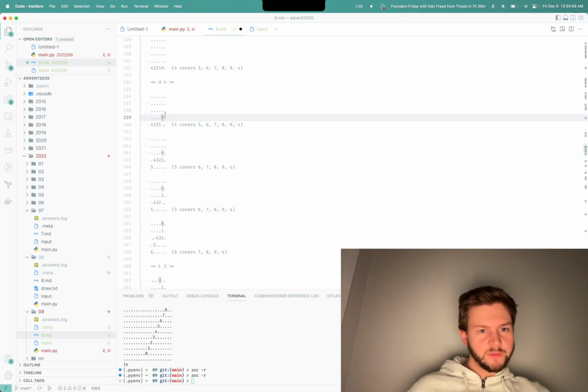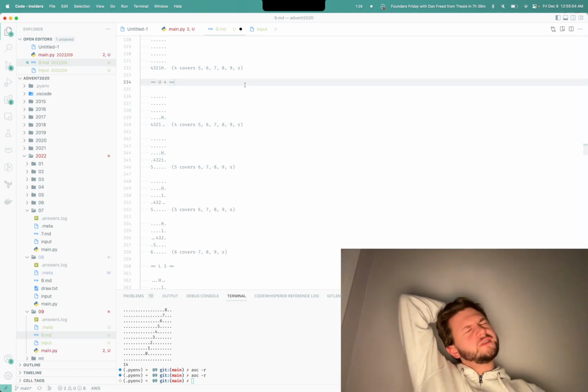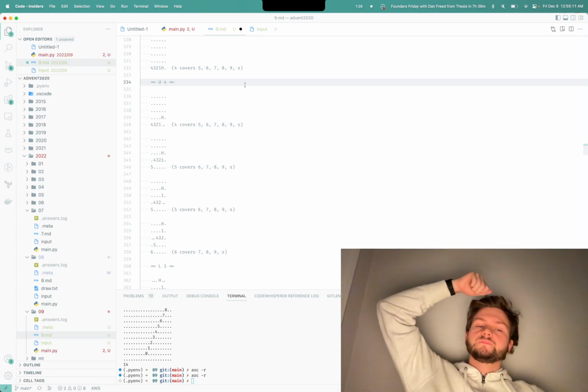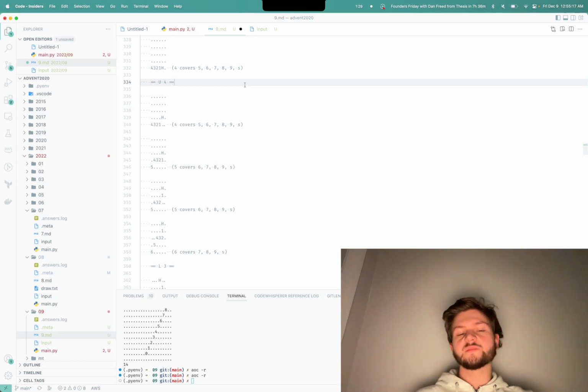Up, up and to the right. Guess I could figure out the vector between the head and the one. Yeah, but every single time a piece moves, you have to figure out the vector.